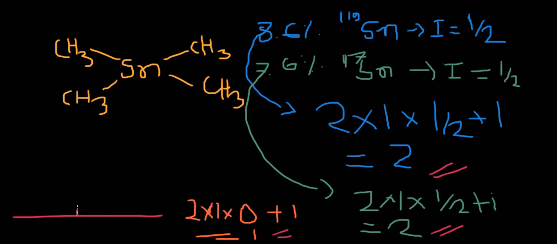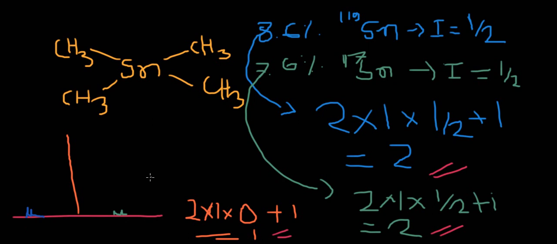So you got 1 peak for the spin inactive nuclei, which is a large one because it has high relative intensity. And you got 2 peaks, a doublet, for 8.6%, and the other 2 peaks are for 7.6%, which is slightly less than 8.6% because it has almost 3% relative intensity, and the other almost 4%.